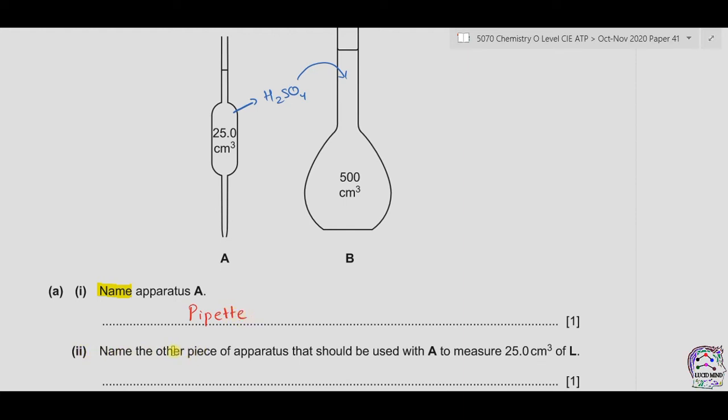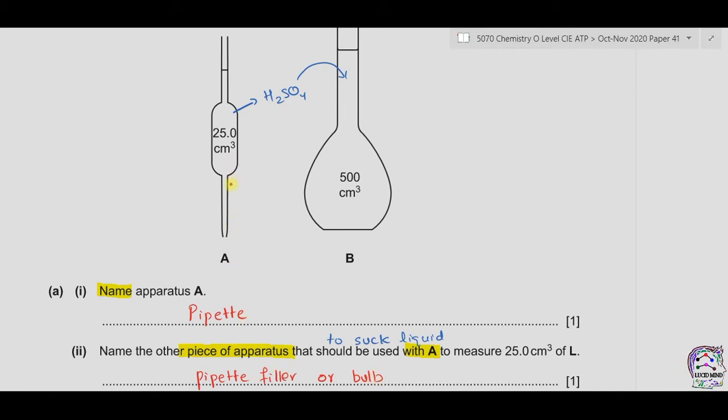2. Name the other piece of apparatus that should be used with A to measure 25 cm³ of L. Now we can see that nothing is attached to apparatus A, so something should be there to suck liquid. So we can use a pipette filler or bulb.